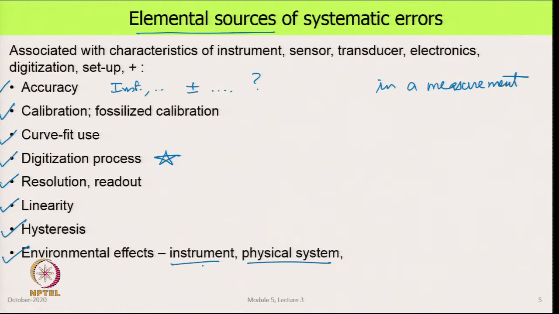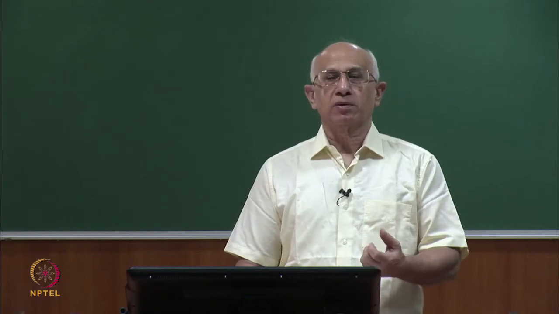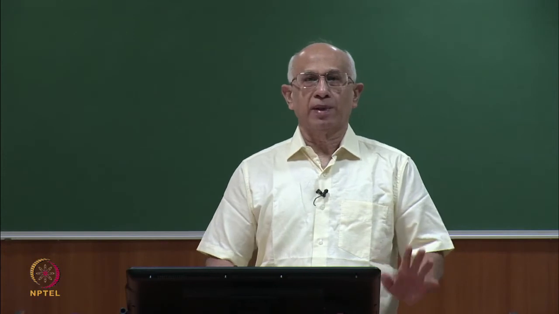So, this means that if the system is okay, but the environment is affecting our instrument, we could get an error. This could also mean that ambient conditions are affecting the physical domain that we are trying to measure, but the instrument we assume is not affected. Or the third possibility is that both are being affected.